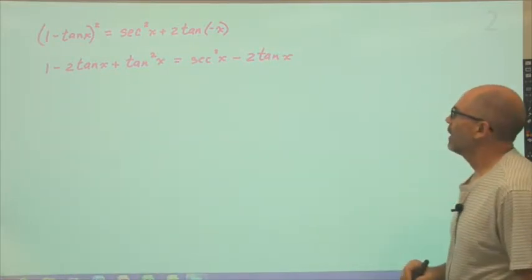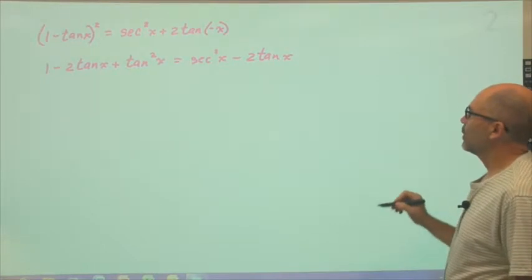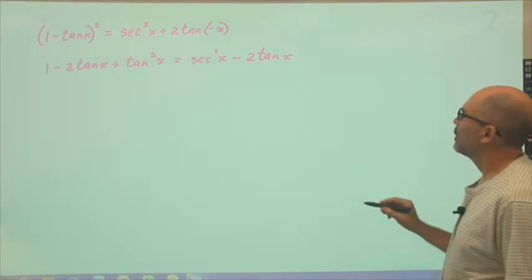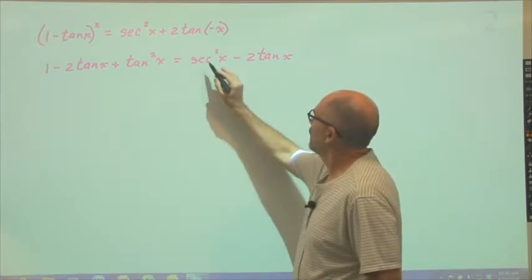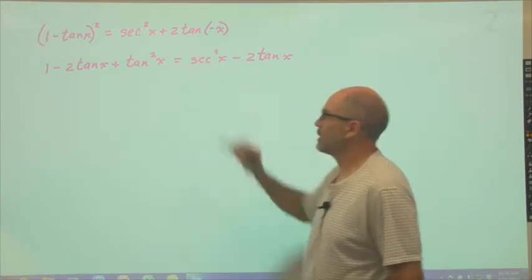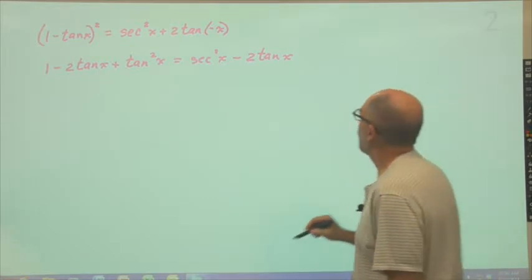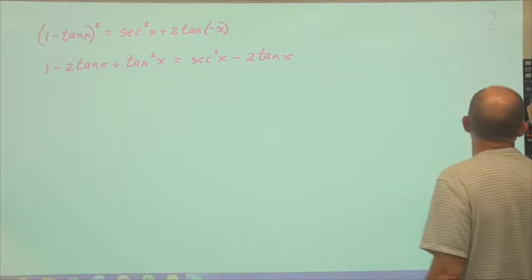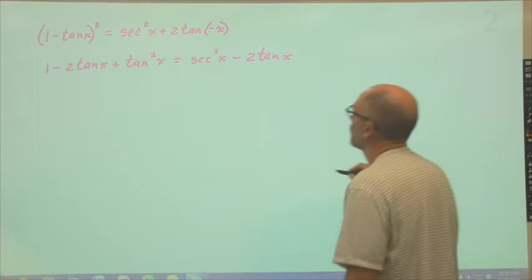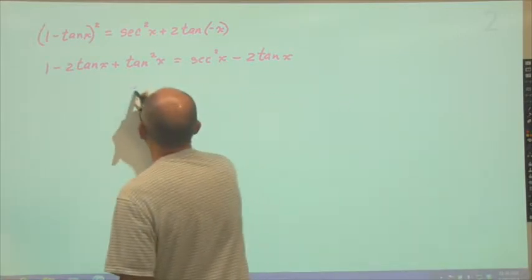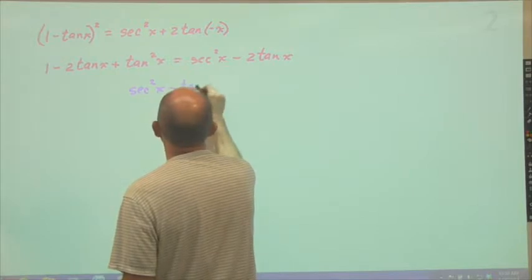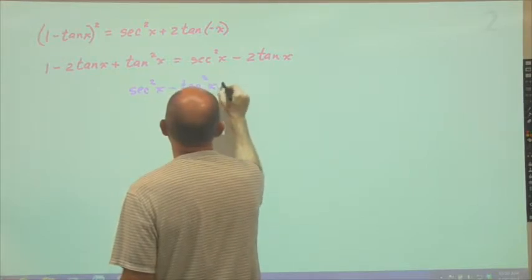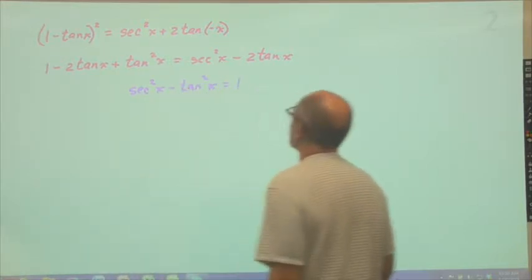Okay, now the next thing that we want to do is use the substitution of secant squared and tangent squared. So we know that secant squared minus tangent squared equals 1.